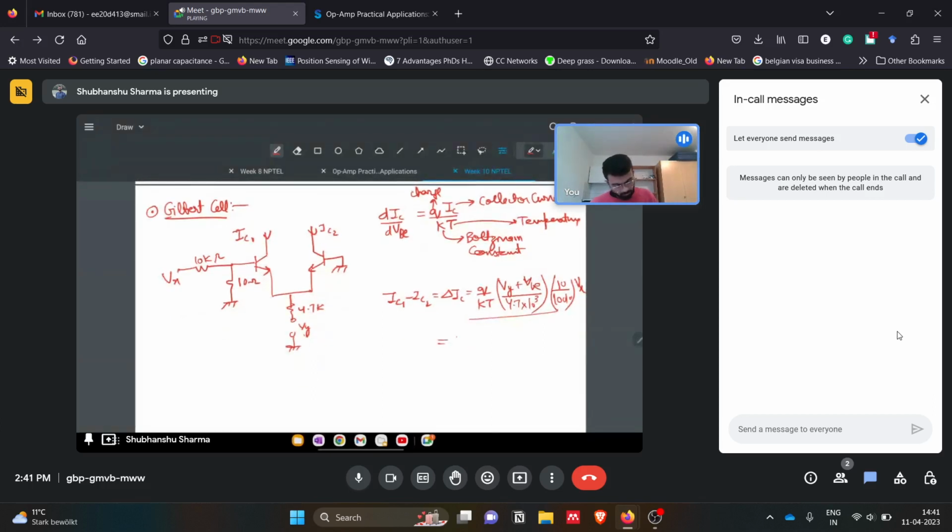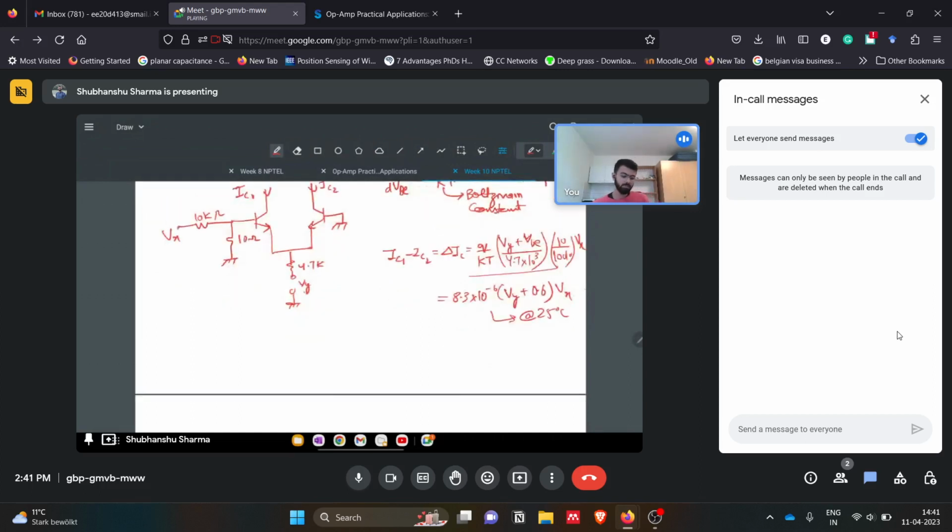Now after further giving the values of Boltzmann constant, charge and temperature, we were able to get 8.3 into 10 to the power minus 6 constant plus Vy plus 0.6 for silicon diode into Vx. So this was at 25 degrees Celsius.